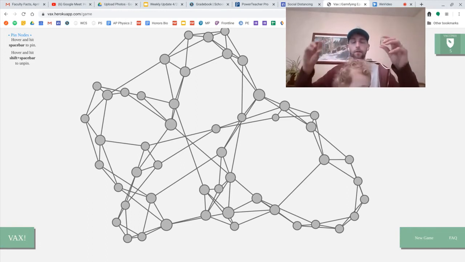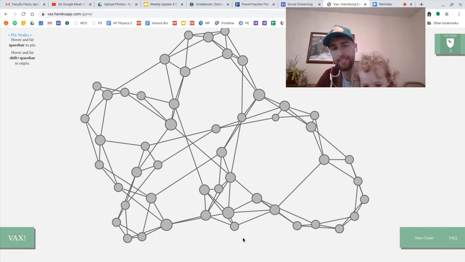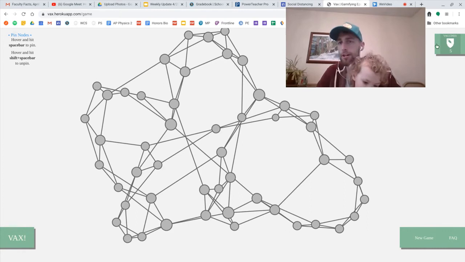So, in this game, your job is to try to stop the spread of disease as much as you can. Before the disease actually starts, you will have a certain number of vaccines that you can give to these different people. So this number in the upper right says I have 5 vaccines.